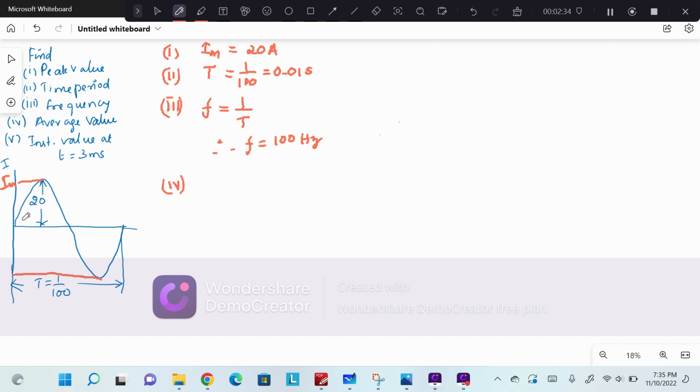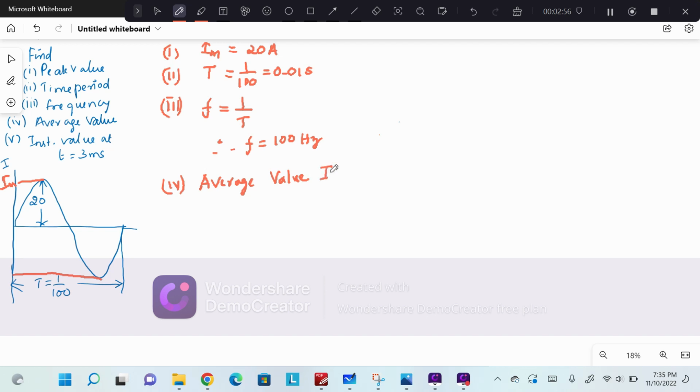So instantaneously, the magnitude of the alternating quantity keeps varying. But if we want to find out the value on an average for one cycle, it is given by a formula. This is the general formula for the average value of any alternating quantity.